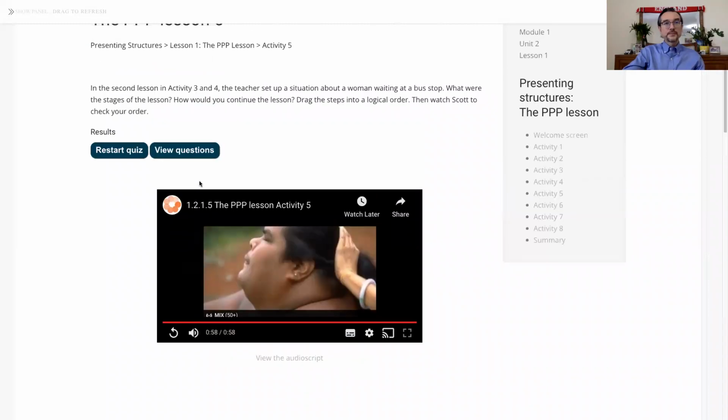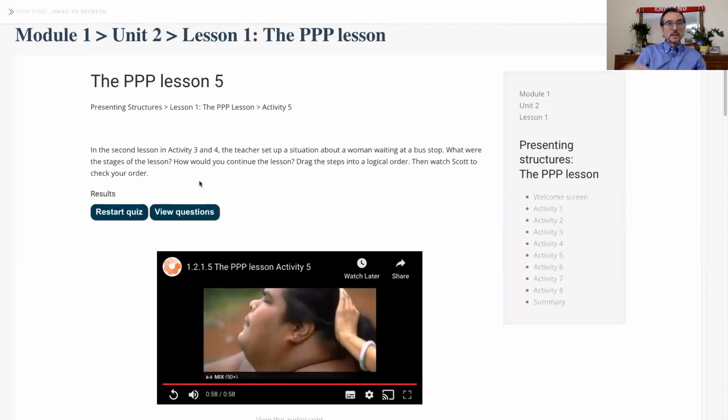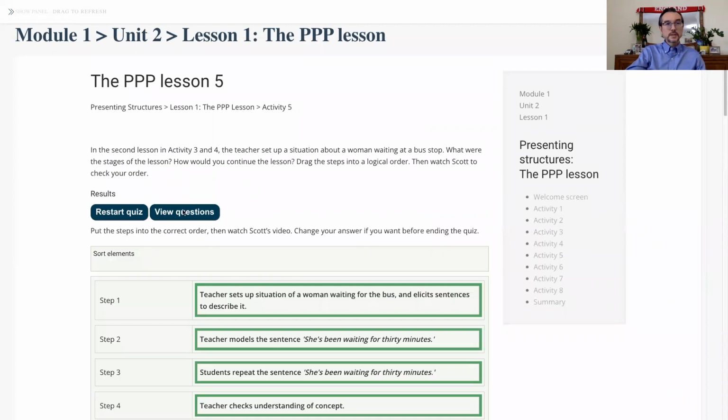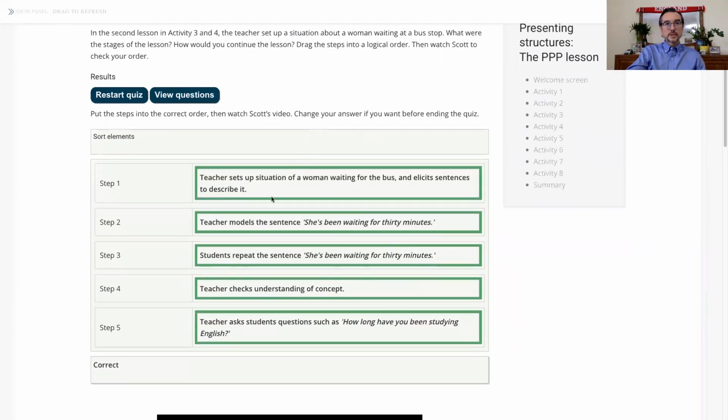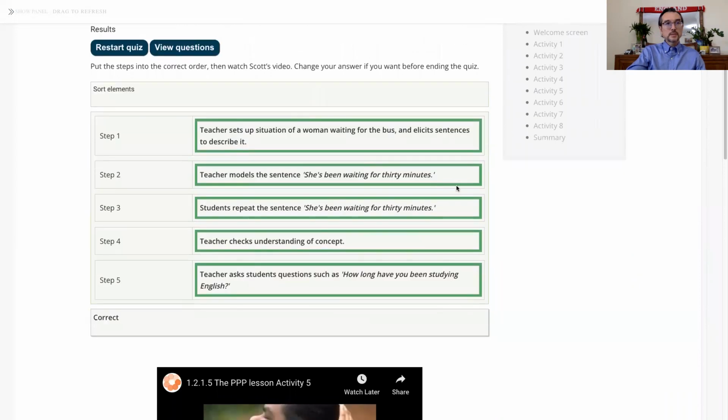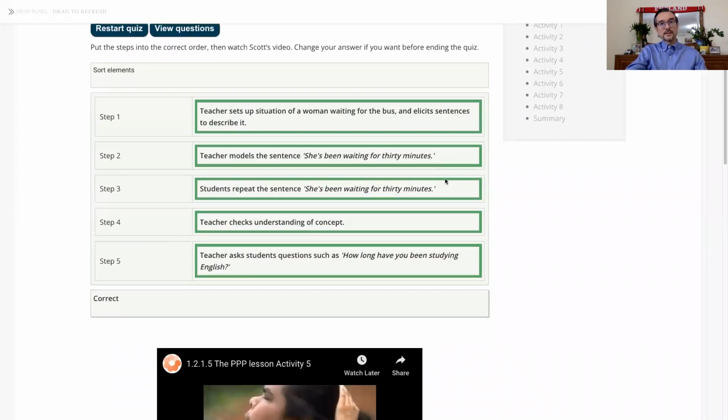Okay. Yeah, I like that a lot. And so if I click on view questions now, you can see that we've got green boxes to show where we got things correct, and we got all of them right. So very reassuring there.